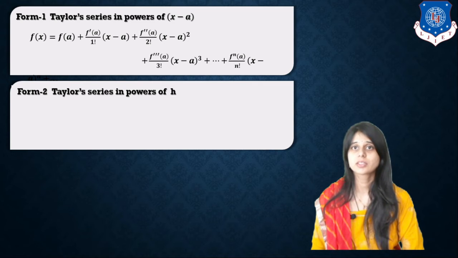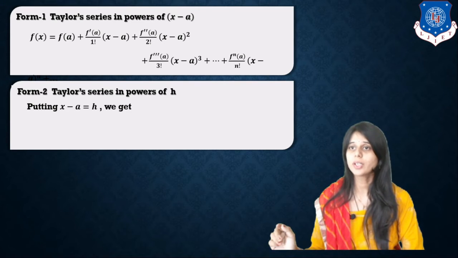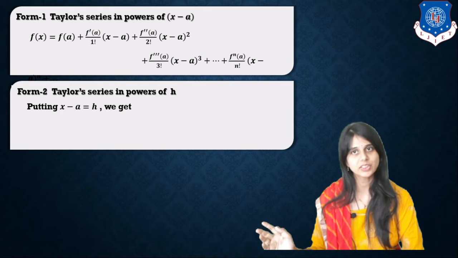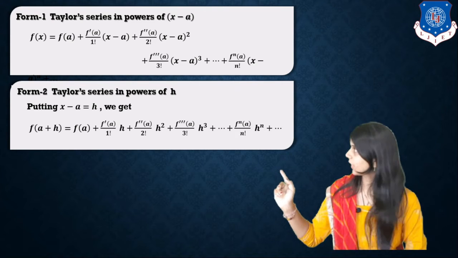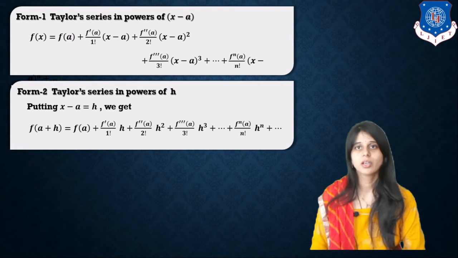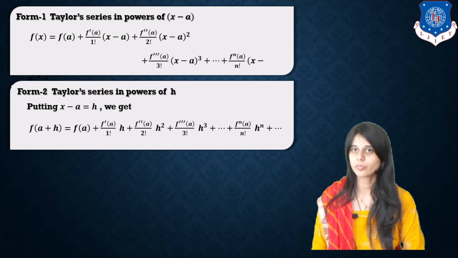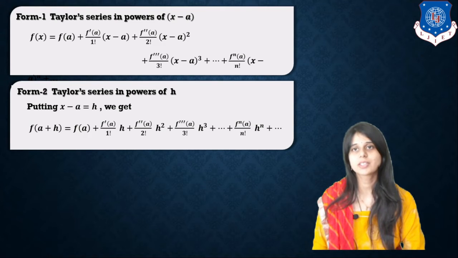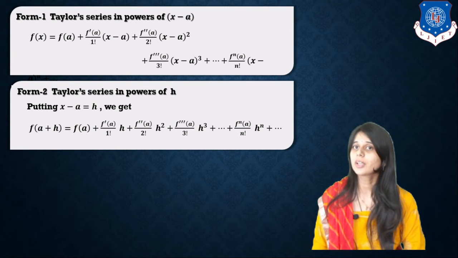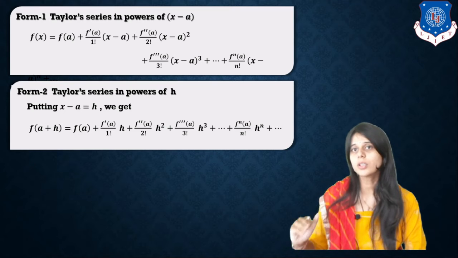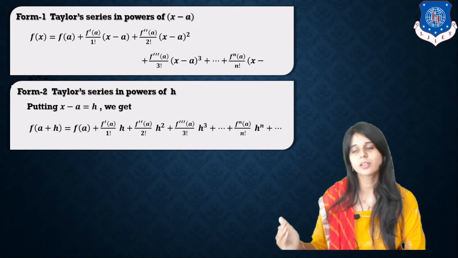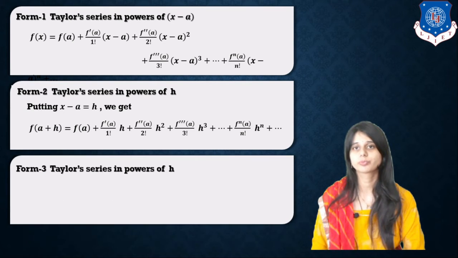The second form is in powers of h, putting x minus a equal to h. H is the difference, so we get f of a plus h equal to f of a, plus f dash a upon 1 factorial h, plus f double dash a upon 2 factorial h square, and so on. Since we take x minus a equal to h, the whole series is converted into powers of h.